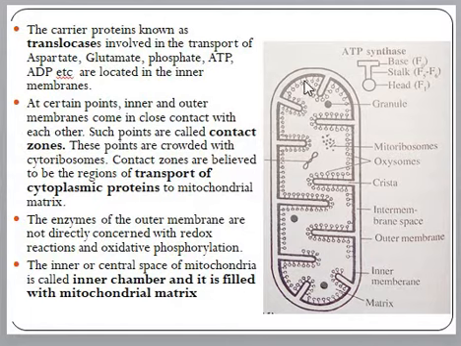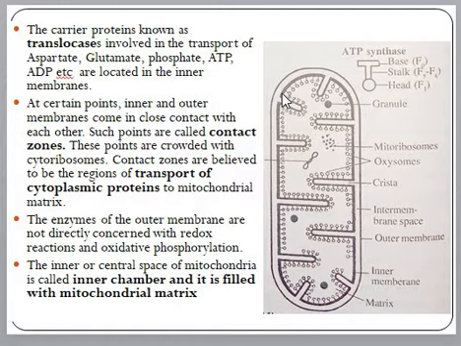The inner membrane of the mitochondria carries carrier proteins, and such carrier proteins are called translocases. They are involved in the transport of glutamate, phosphate, ATP, ADP, etc.